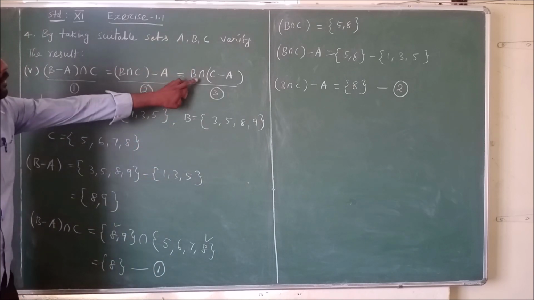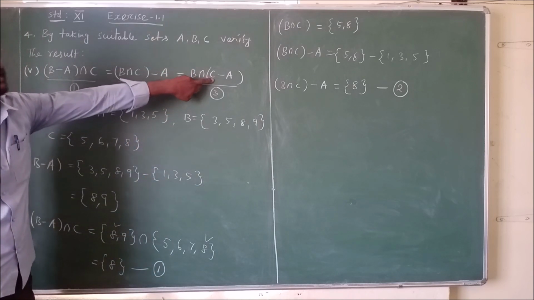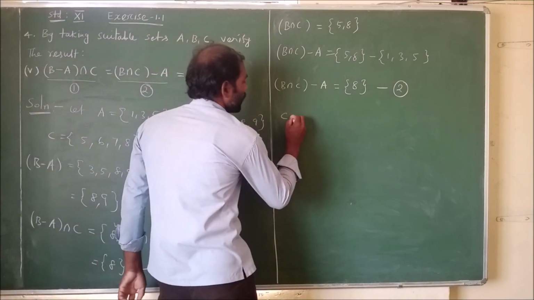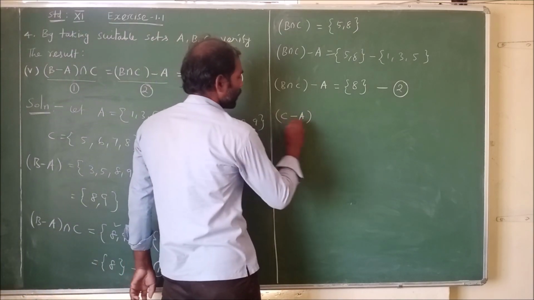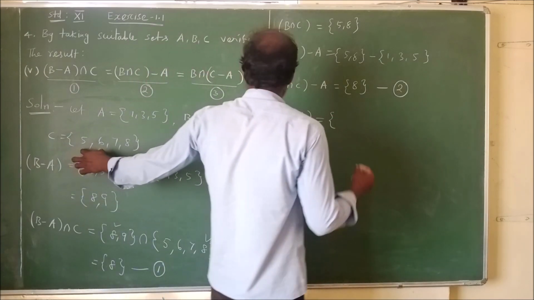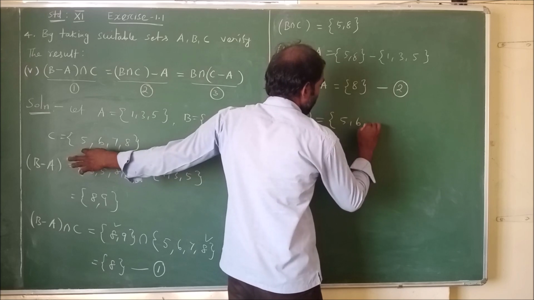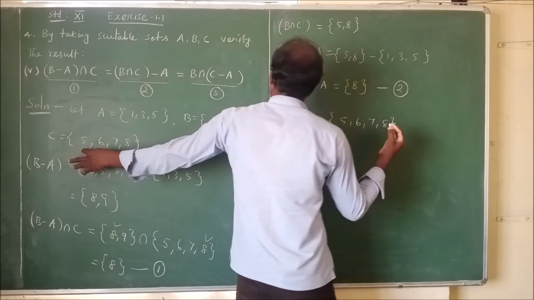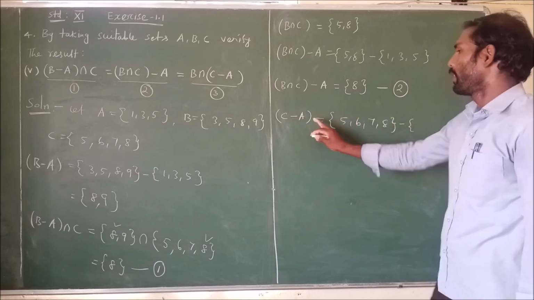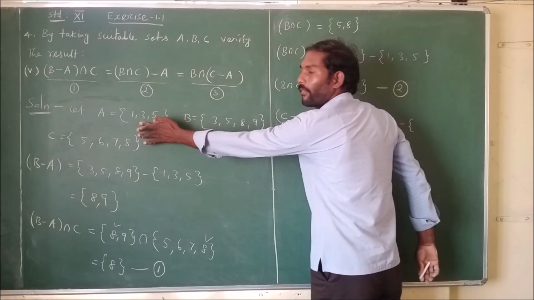Third result is B intersection C minus A. First we have to find C minus A. C minus A equals the elements of C, which are 5, 6, 7, 8, minus A, which is 1, 3, 5.